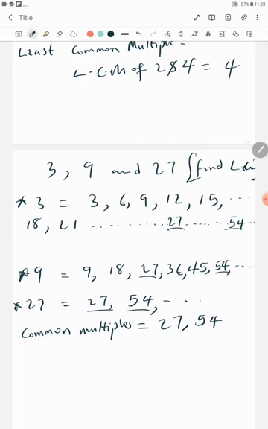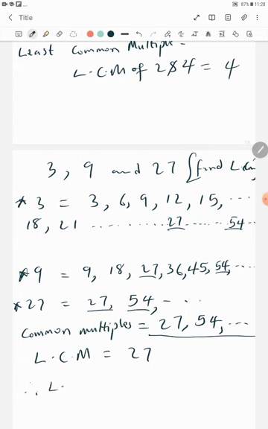Of course, once you have written the first 2, you don't need to continue like that, because it's the smallest you are looking for and it has already come out. So you can say the LCM, which is the lowest out of these common multiples here. Which one do you think is the lowest? That is 27.